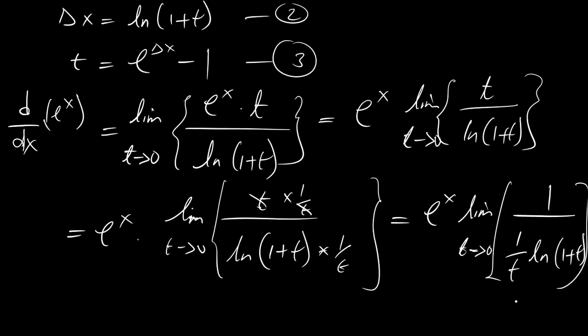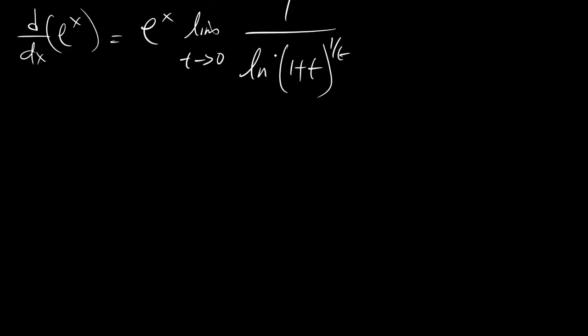From here, I use a law of logarithm: if you have a ln b, it's the same thing as ln b to the power a. So I will use this expression here to get this result.